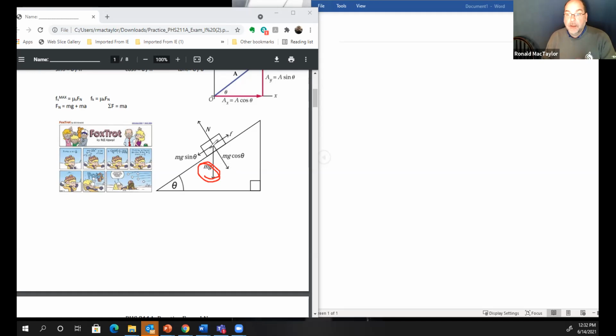But the box can't move straight down toward the center of the earth. It is constrained to slide down an inclined plane. So it's only a component of its weight that is pulling it down the inclined plane, and that component is mg sine theta. That's what pulls the crate down the plane.